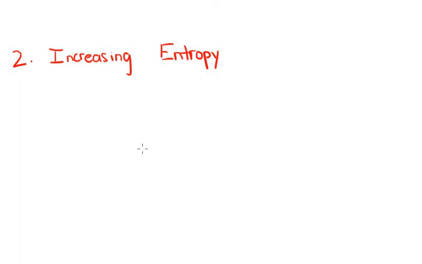The second law of thermodynamics is related to increasing entropy. Now, personally, this law was always harder to understand, so I'm gonna try to break it down as best as I can.